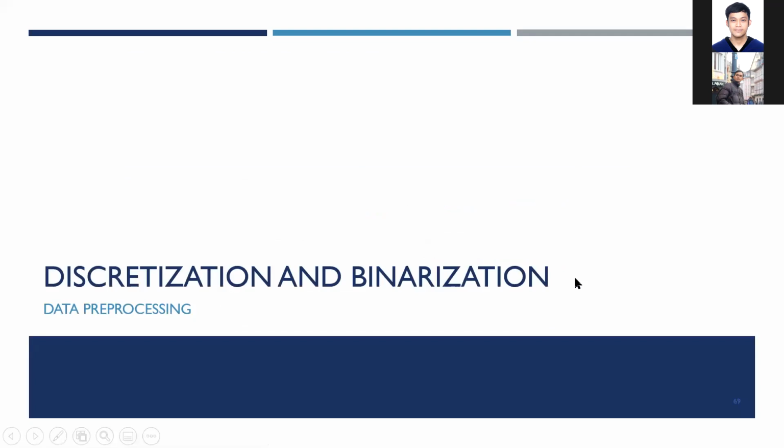Next, we have discretization and binarization. When we use discretization and binarization, some algorithms work well or work more efficiently if the data is in discrete format or binary format.